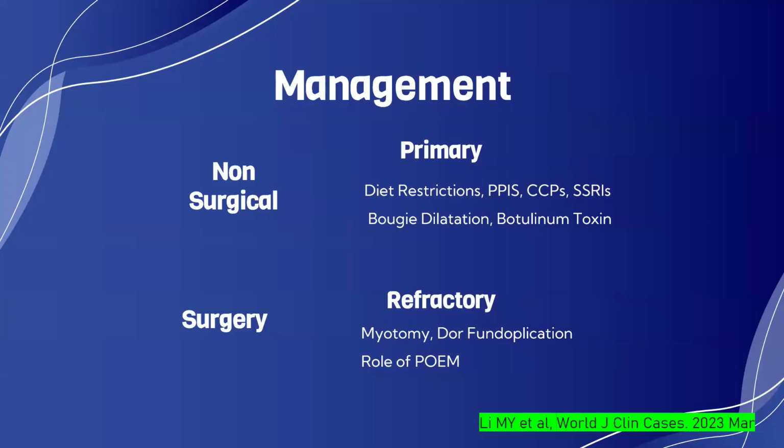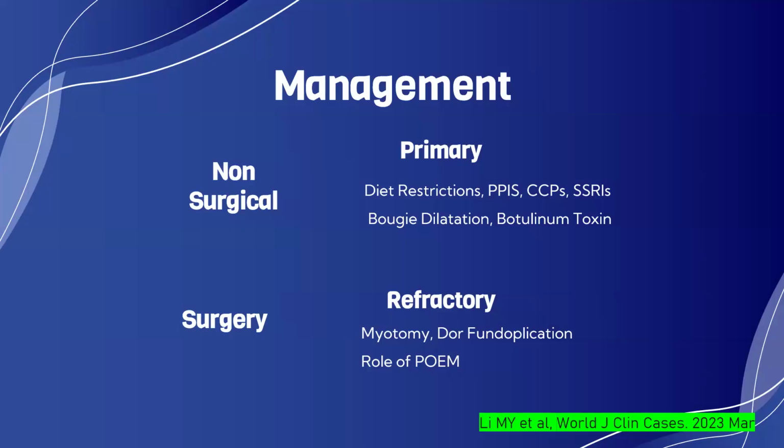If a patient has persistent symptoms, we can try endoscopic treatments, which are interventions such as botulinum toxin injection. It works by inhibiting the release of acetylcholine at the neuromuscular junction, leading to muscle paralysis. It has been shown to reduce dysphagia score and decrease lower esophageal sphincter pressure in patients with esophageal disorders.